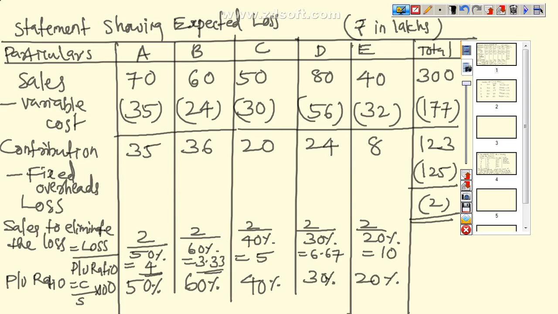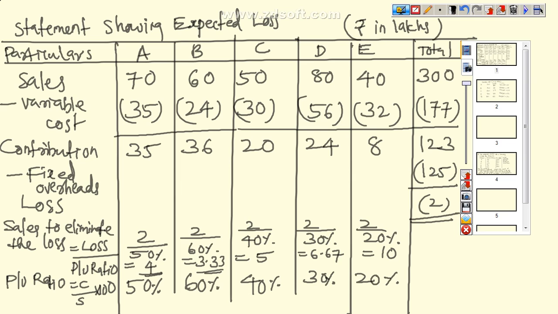Okay, so we can make a conclusion that one product at a time we can increase the sale. As there is the budgeted loss of 2 lakhs, the sale of only one product can be increased.